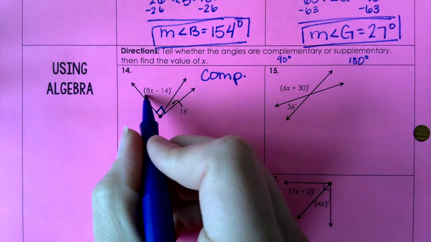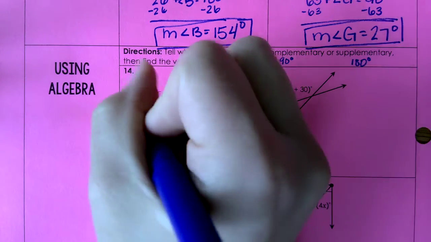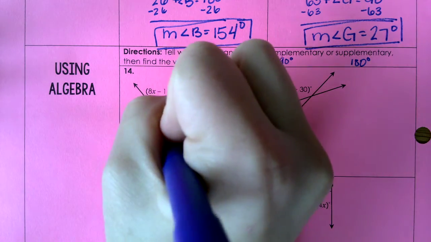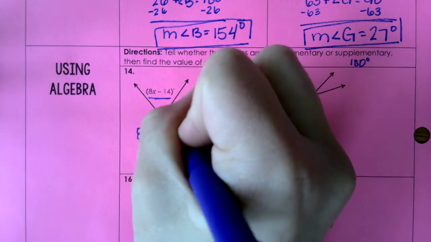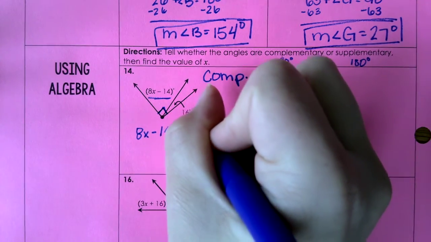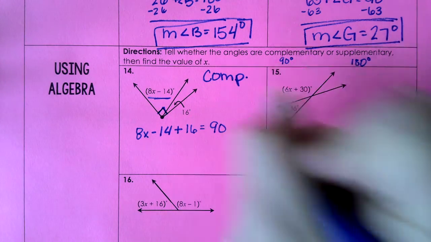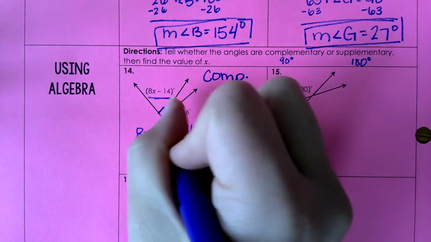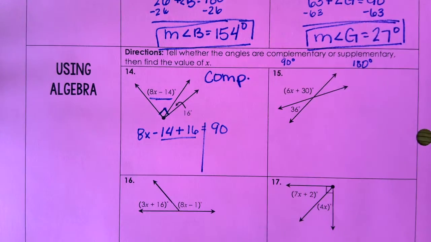So what that means is I'm going to take the angle of 8x minus 14, and then I'm going to add the other angle to that, which is 16 degrees, and that equals 90 degrees. Okay, what's negative 14 plus 16? Because I have to simplify, remember? 2.